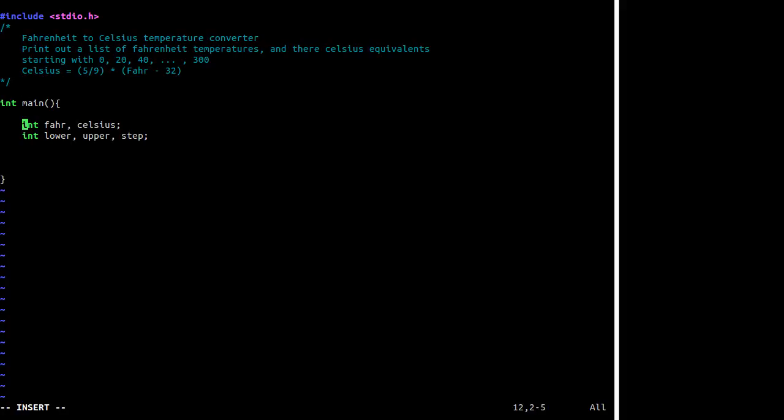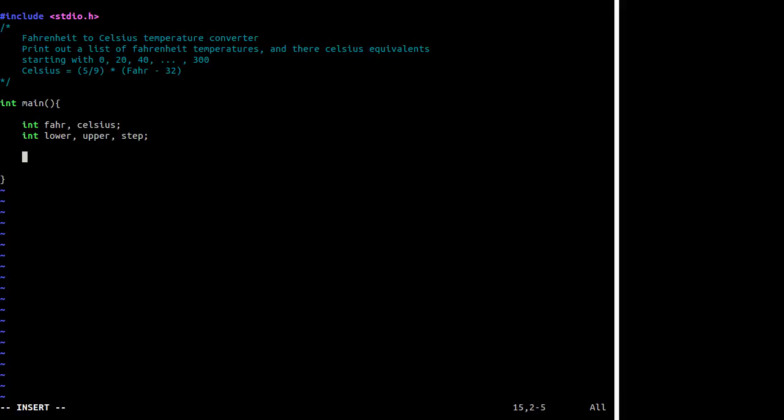The main one is that it's easier to figure out what's going on if I have all my variables up at the top. Maybe I don't need this step variable until way down later in my program, but if I declare it down there, I have to go looking for all the various variables I have. So it's better to declare them all up here, and then we'll use them when we need them, but let's declare them first.